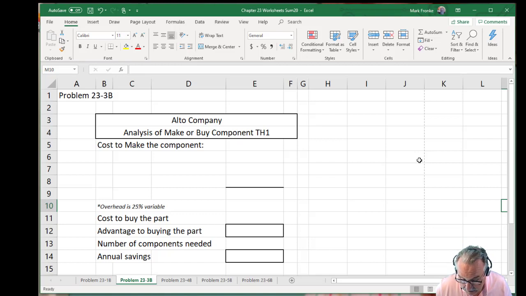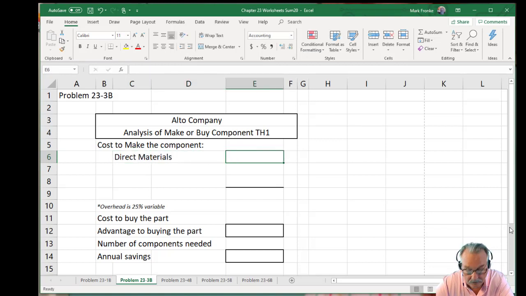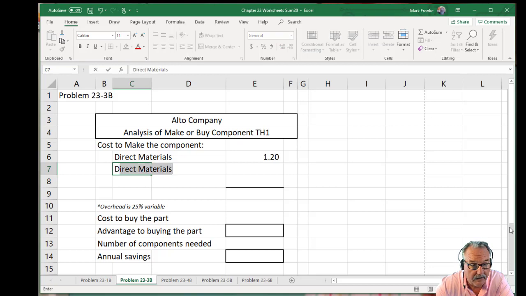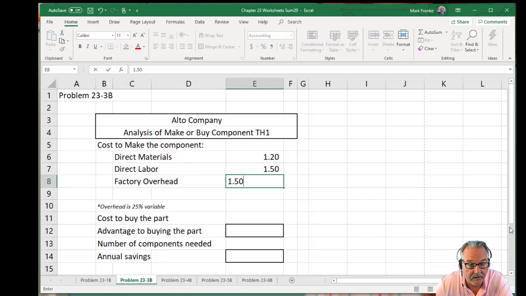In this case, per piece, we have direct materials of $1.20, direct labor of $1.50, and factory overhead, which is 25% variable, of $1.50.